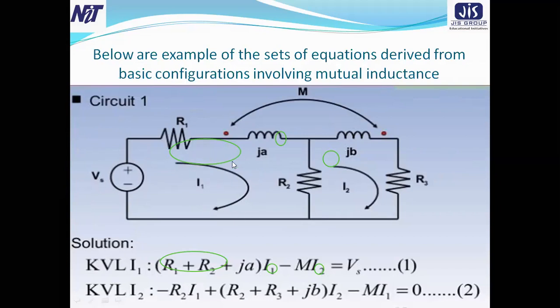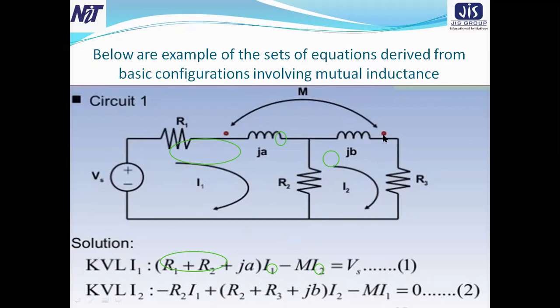The current in the first loop is I1, the current in the second loop is I2. This is the dot convention. Now if we apply KVL in the first loop: (R1 + R2 + jωLA) I1 − M I2 = Vs − M I2.